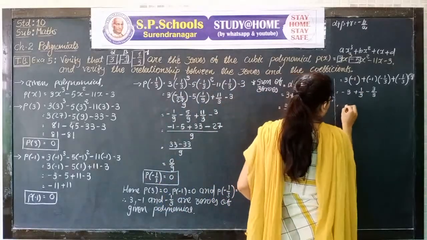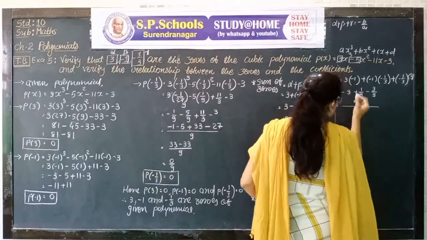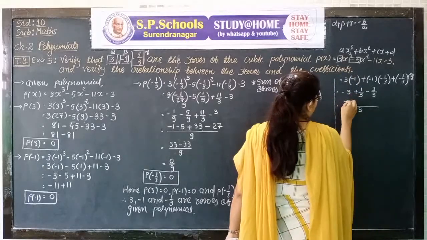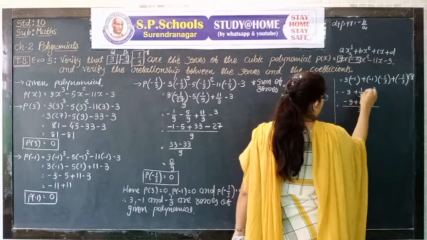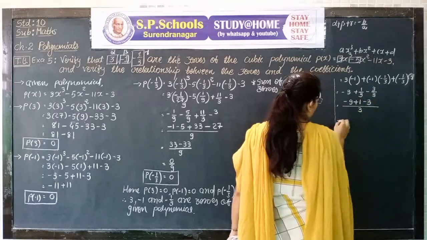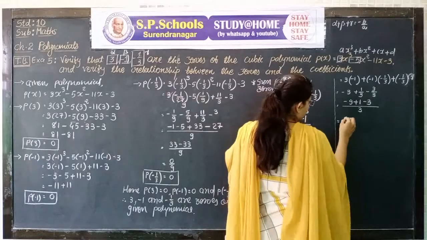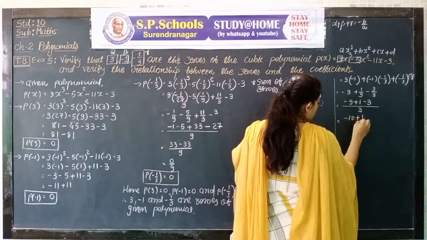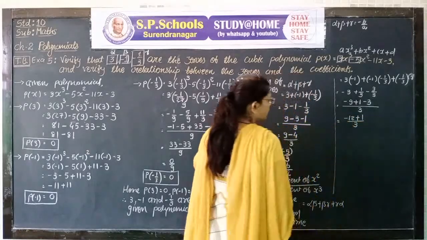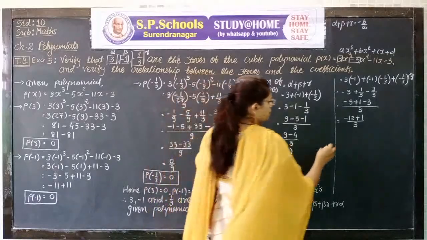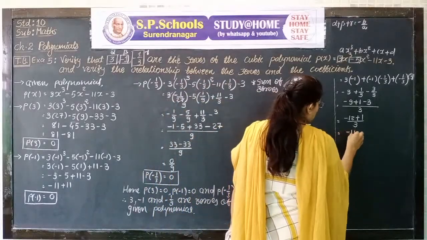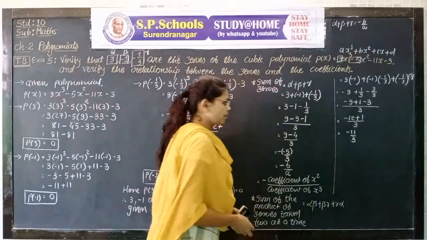By taking LCM, our LCM is 3. 3 threes are 9, minus 9 plus 1 minus 3 is equal to minus 9 minus 3 gives minus 12 plus 1 upon 3. Minus 12 plus 1 is equal to minus 11 upon 3.